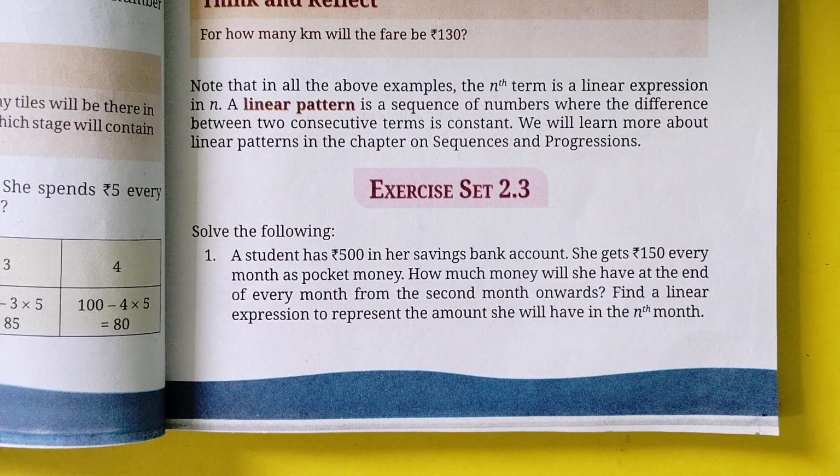She gets rupees 150 every month as pocket money. How much money will she have at the end of every month from the second month onwards? Find a linear expression to represent the amount she will have in the nth month.